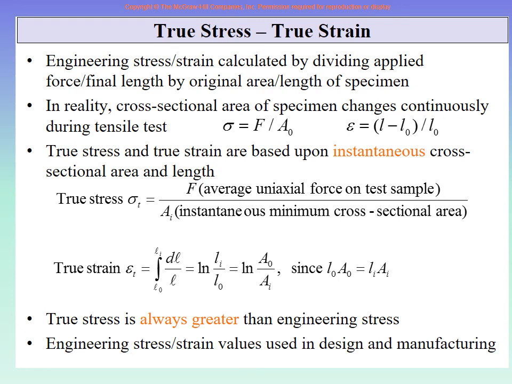So the machine is less costly, the calculation is simple, the cost of doing the experiment is low, and still, comparing the materials, you are okay that this material is stronger, this material is less strong. Therefore, there is no issue. So this is true stress and true strain versus engineering stress and engineering strain.